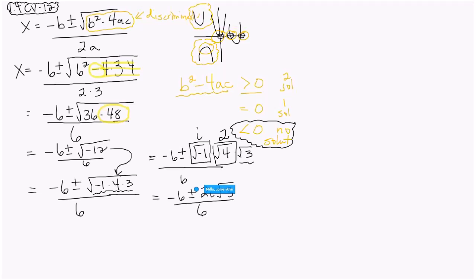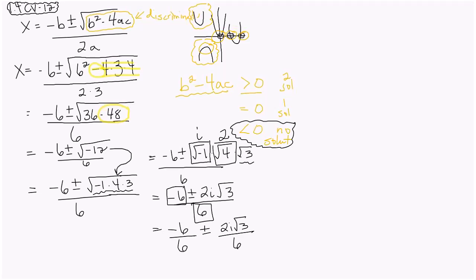Then what I can do is simplify. I'm going to take this negative 6 here, and that's over 6. So negative 6 over positive 6 plus or minus 2i square root 3 also over 6.